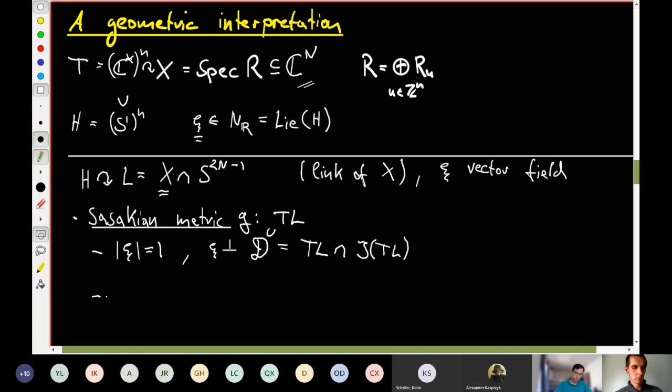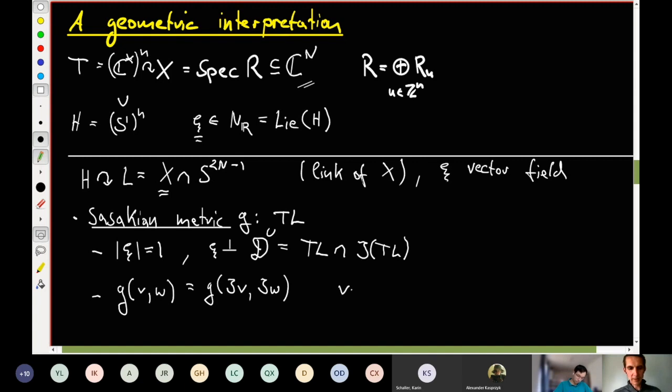Now a third condition is that I want my metric to be compatible with the complex structure. So if I take two vector fields, then I want that applying the complex structure to these vector fields leaves my metric invariant. Again, this doesn't make sense for arbitrary vector fields because I might get a vector field which is not even in the tangent space of my manifold.